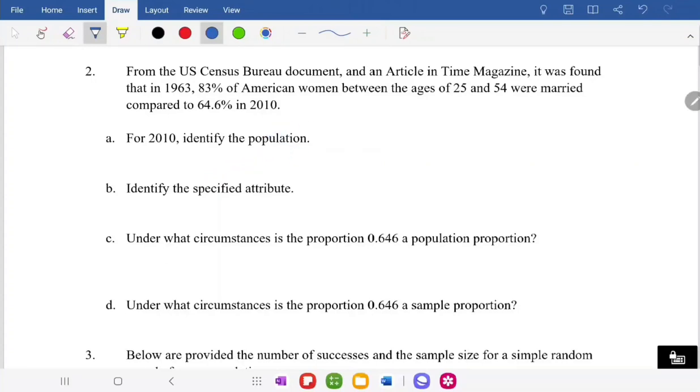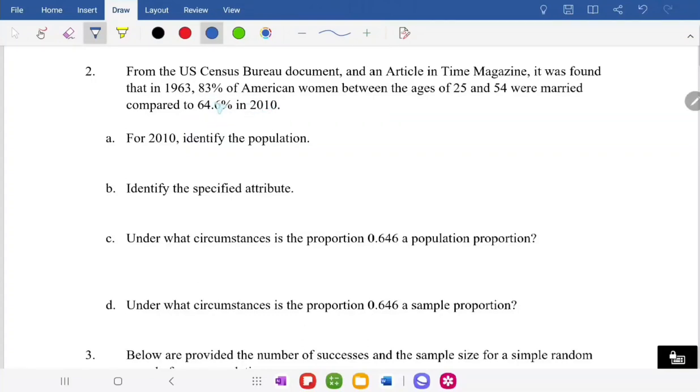So let's go back and reread this and try to understand what the problem is about. It seems they are studying American women and whether they were married. So in 1963, 83% of American women between the ages of 25 and 54 were married, compared to 64.6% in 2010.